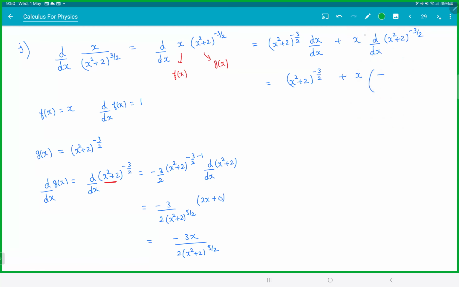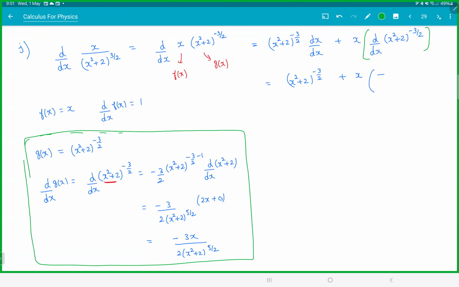So this whole function here is this, isn't it? This is the one in that green box. So I'm putting the same color here. Minus 3x by 2 into (x square plus 2) to the power 5 by 2.